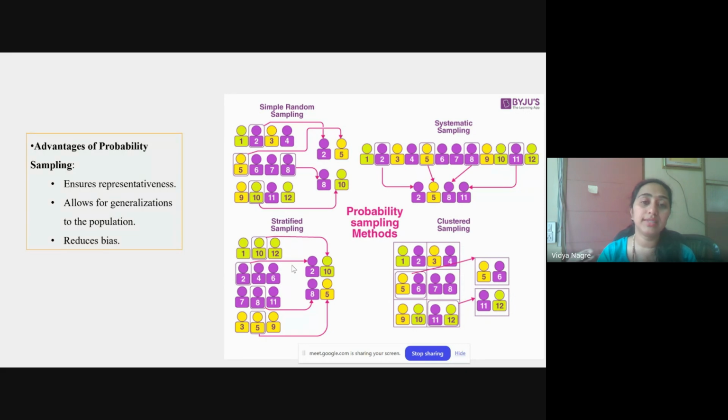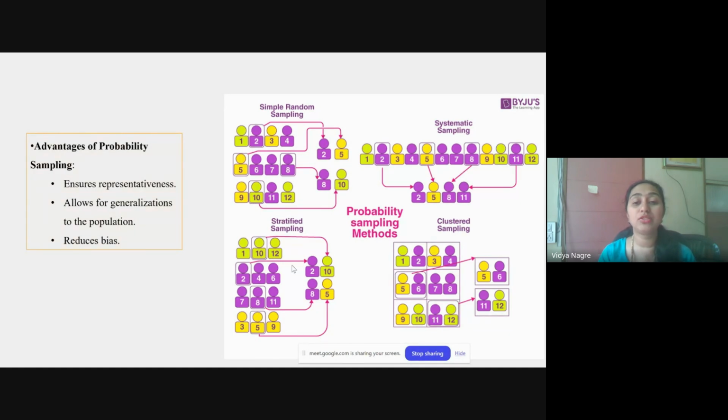If you choose the right sample and the right methodology of research sampling, then you definitely arrive at proper conclusions. It also allows generalizations to the population. Whatever you have concluded for the 3 government schools will be applicable to all those 97 which you have practically not studied in cluster sampling, right? But you will be giving them facilities also.